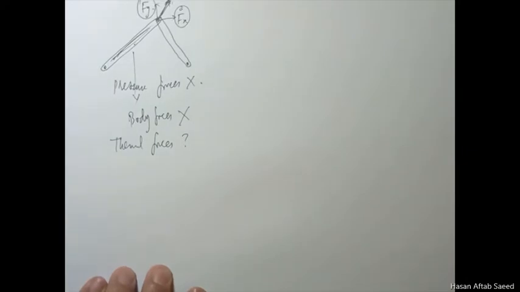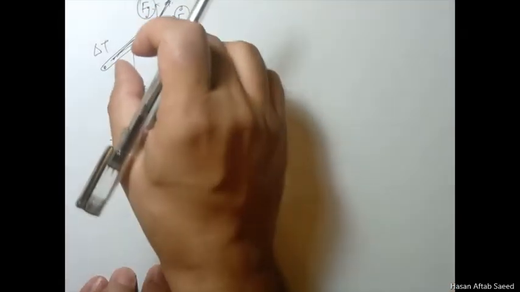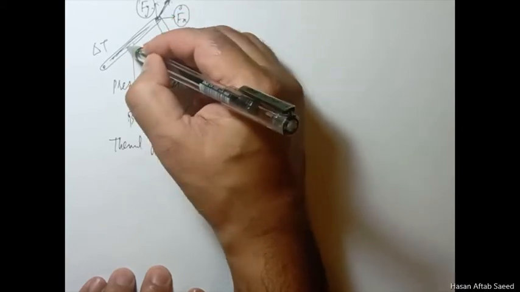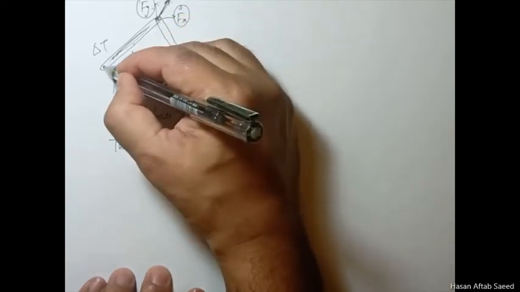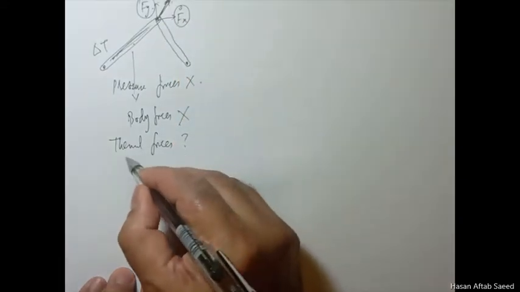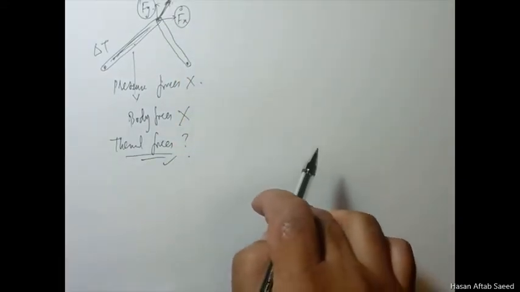There's a temperature change, delta T, and because of delta T, each element increases in length. That is very legitimate because that increase in length will be in the axial direction, and some sort of force will be applied on these points because of the pins. That will also be in the axial direction because again it's a two force member, only two pins are there that transmit forces. So this one is valid.